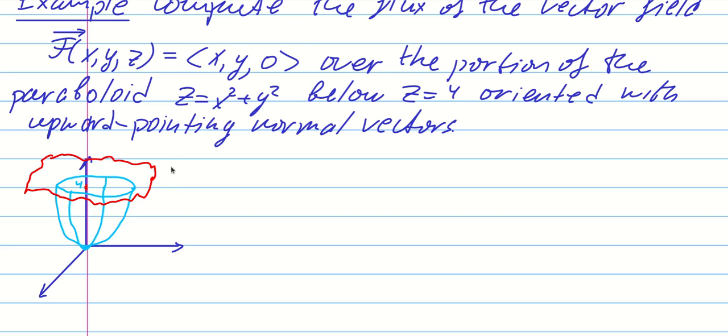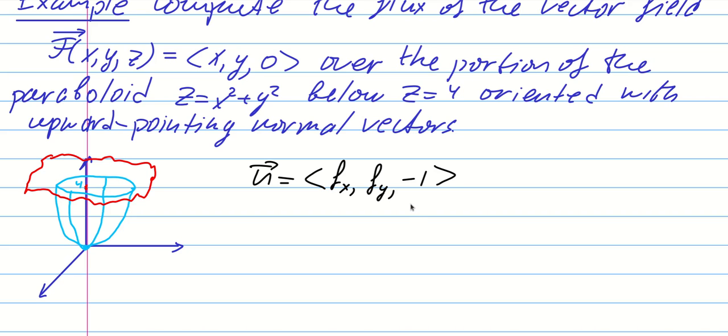So let's recall the normal vectors to a surface. A normal vector to a surface can be found by calculating the partial with respect to x, partial with respect to y, and -1.